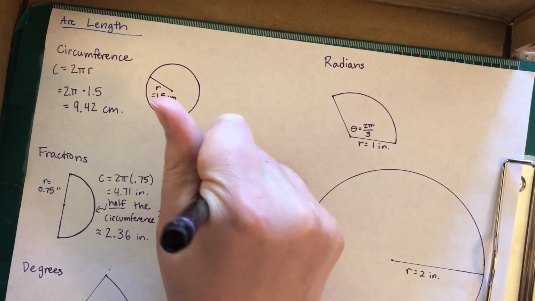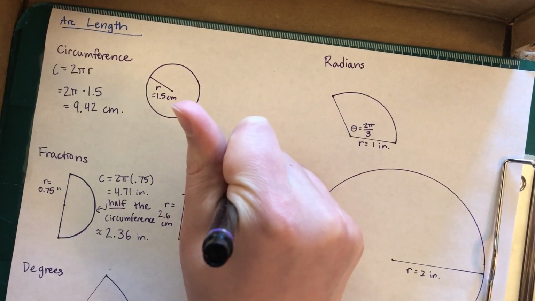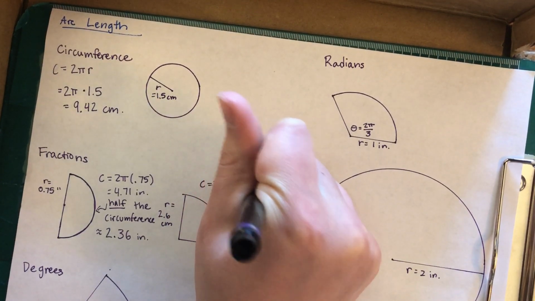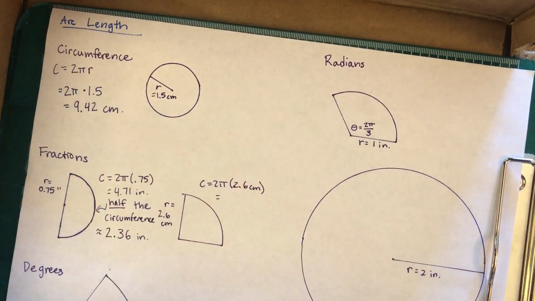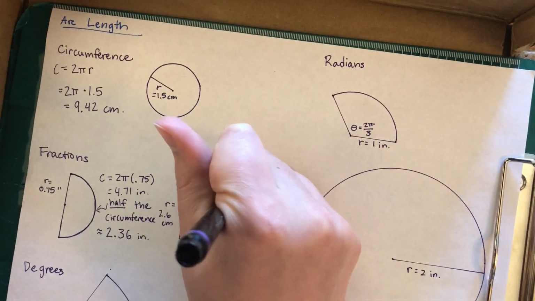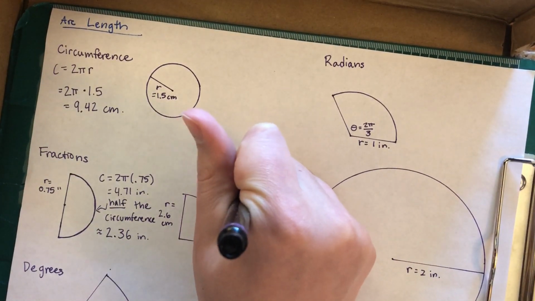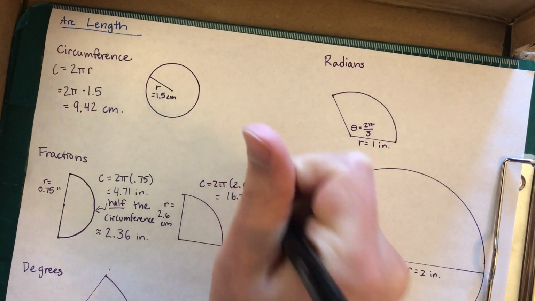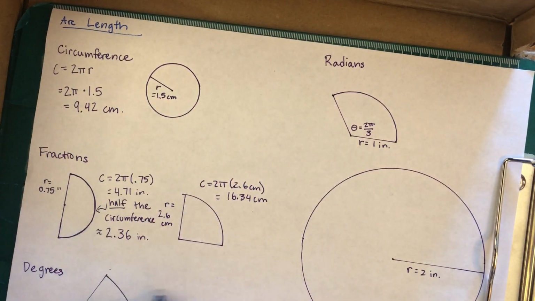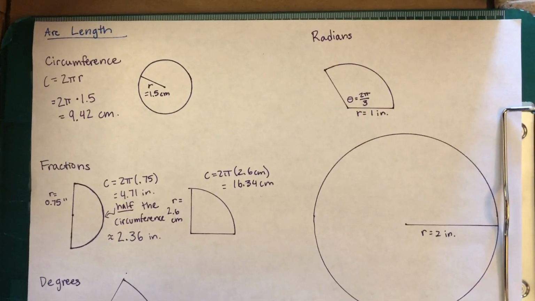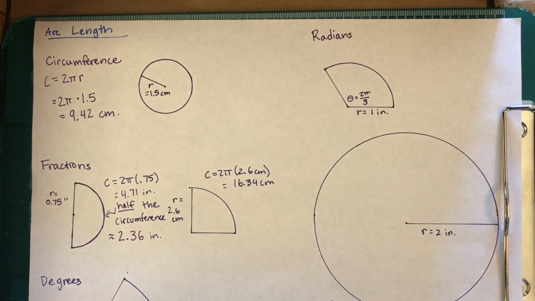So circumference is 2 pi times 2.6 centimeters. So 2 pi times 2.6 is 16.34 centimeters. So if I were to draw this whole circle out, the circumference of the entire circle would be 16 centimeters.